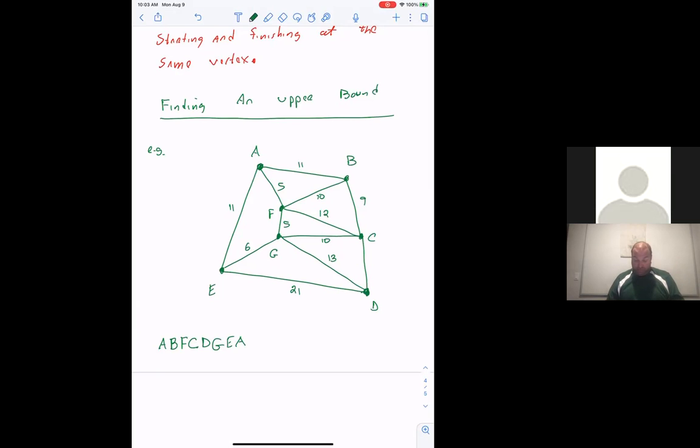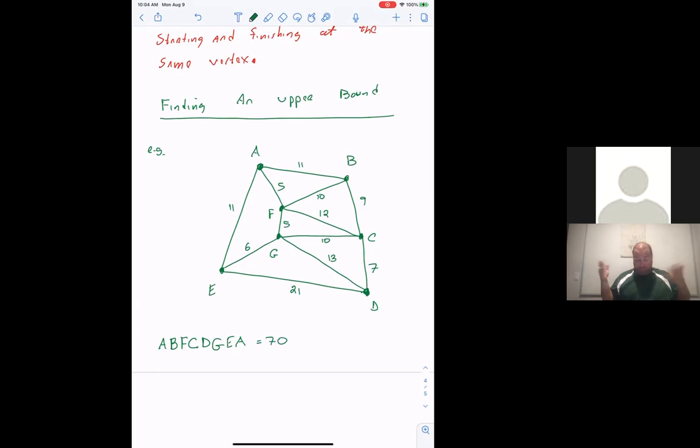A to B is 11. B to F is 10, 21. 21 to C, 33. Oh, I left this one out, 33. And 7 is 40. 53, 59, 70. All right, so this one is 70.